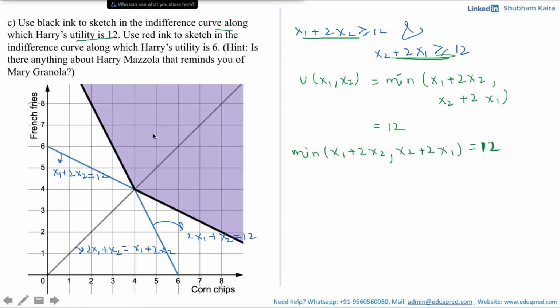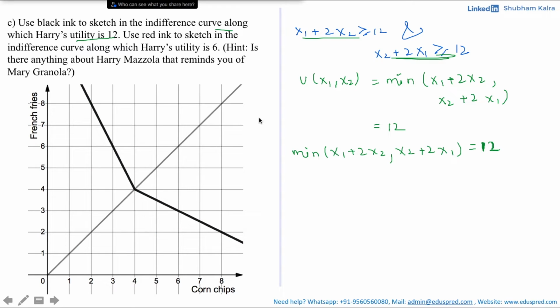But we do not want that. We want the value to be exactly 12. Hence this black solid or darker line would be the indifference curve along which Harry's utility is exactly 12. So I'm removing the unnecessary elements. Your indifference curve would look like this, where it has a kink along this locus where 2x1 plus x2 is equal to x1 plus 2x2.